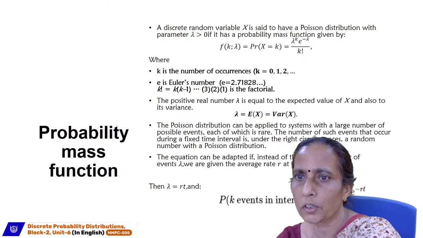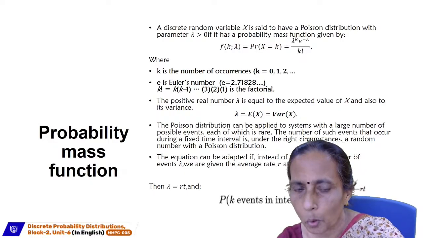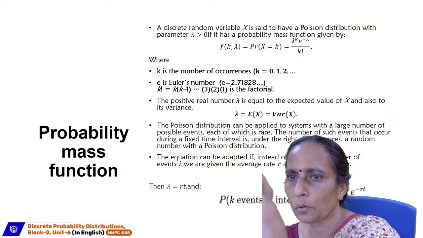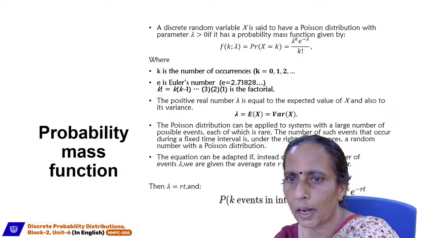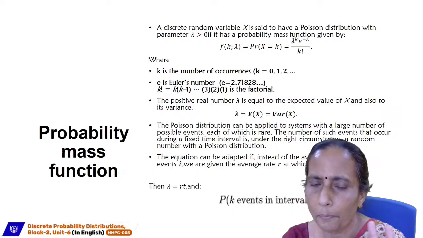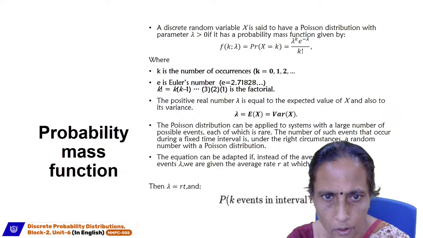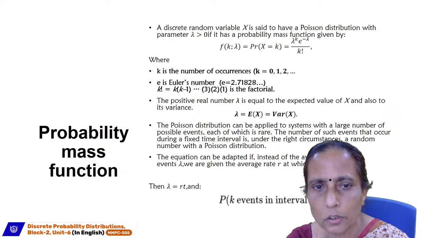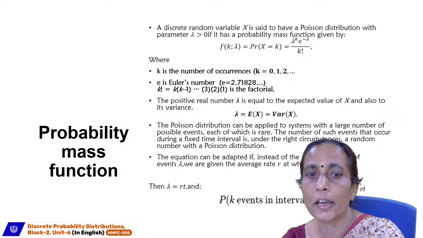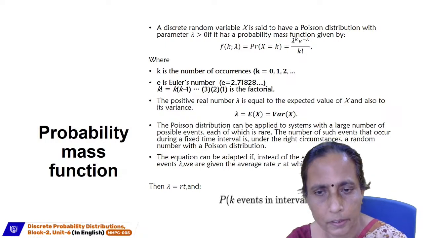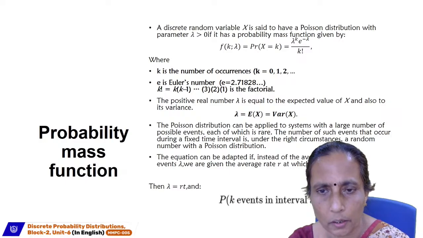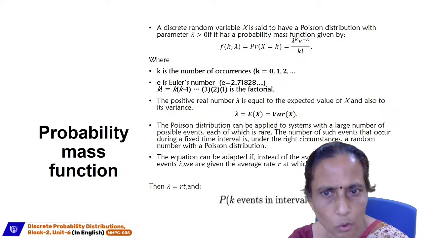And for this Poisson distribution, the probability mass function is lambda to the power k, e to the power minus lambda, divided by factorial k, where k is the number of occurrences, which can take values 0, 1, 2 and so on. e is Euler's number that is equal to 2.71828 and so on.